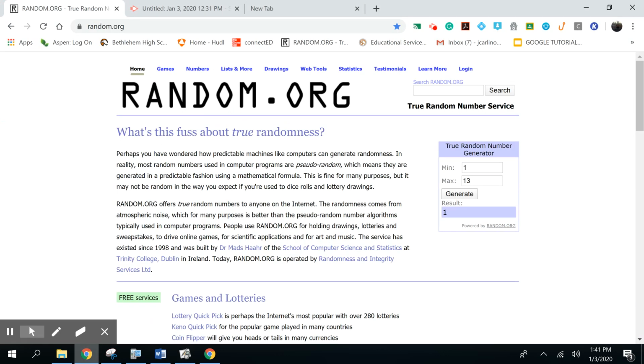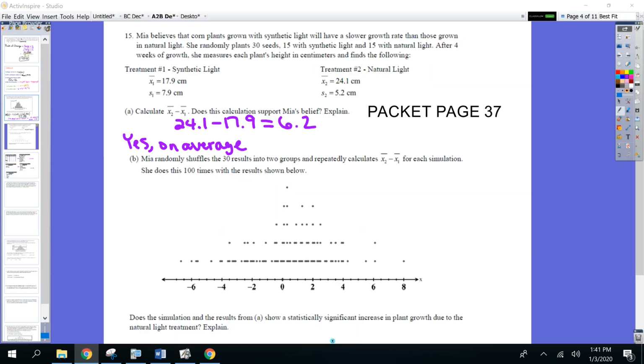On average. Can you relate it back to the problem? What are the two numbers we subtracted, Elena, to get the 6.2? Which were 17.9 and 24.1, right?